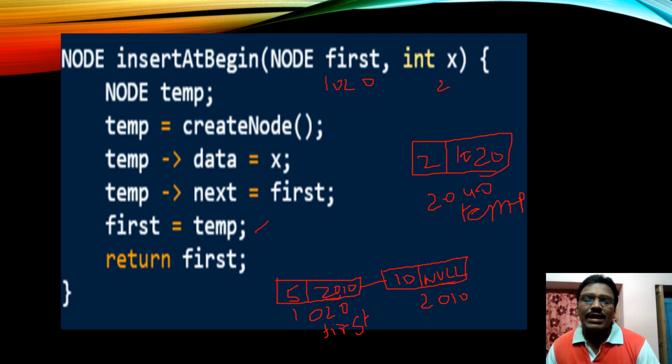It means at present this is the temp. After this statement execution, it is the first. Return first. It means it returns 2040. This is for the insert at begin.